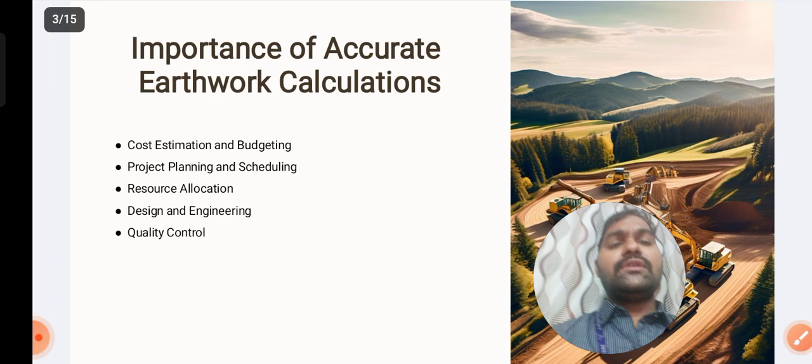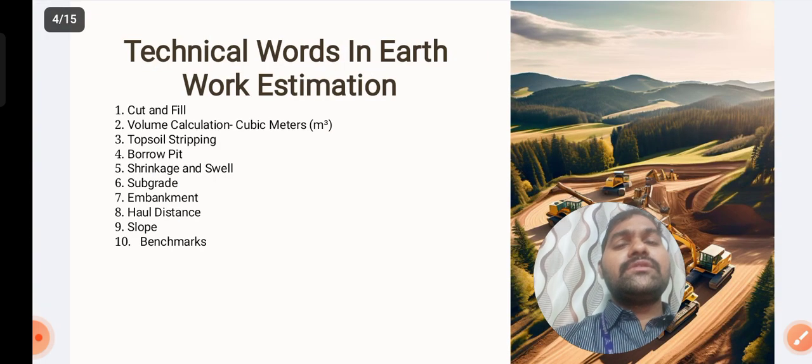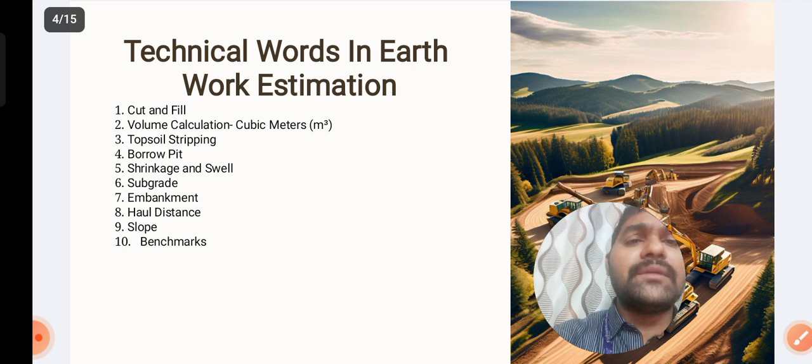Then if you see the next slide, there are technical terms.